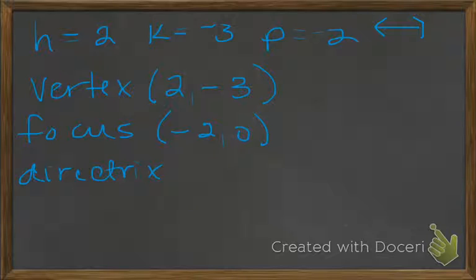The directrix should be a vertical line, so it is x equals, and it's coming off the h value, so I'm going to have 2 minus negative 2. And what would that be? So there you go. There's your basic info.